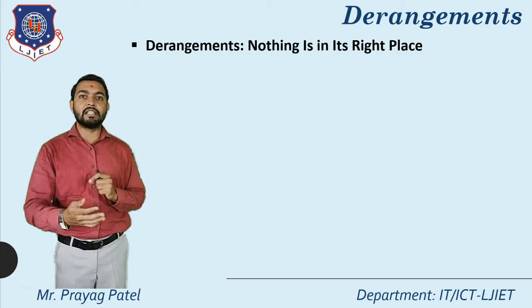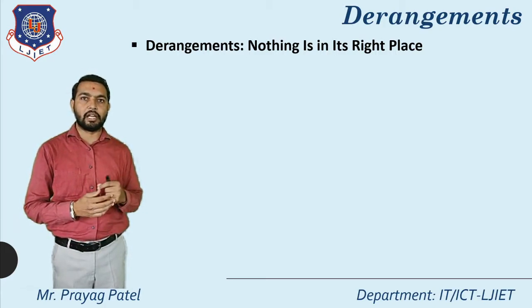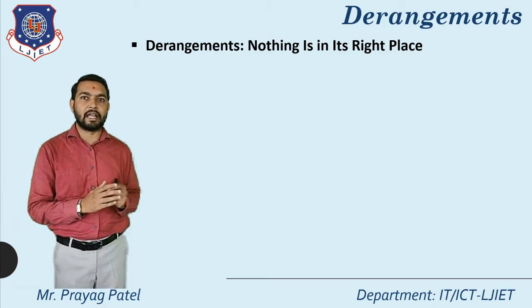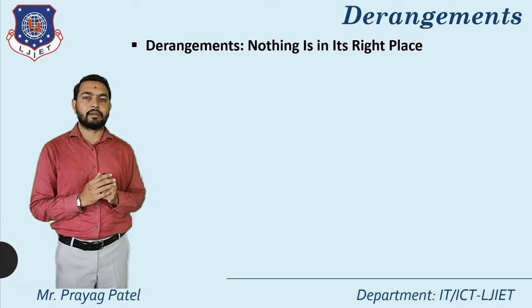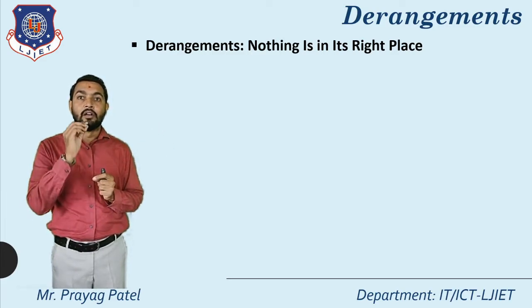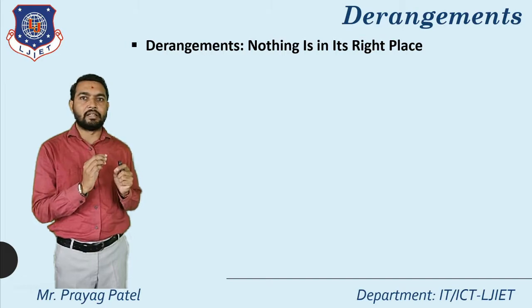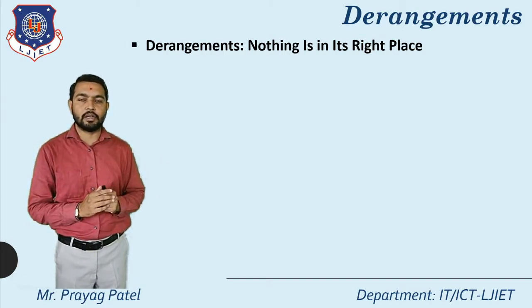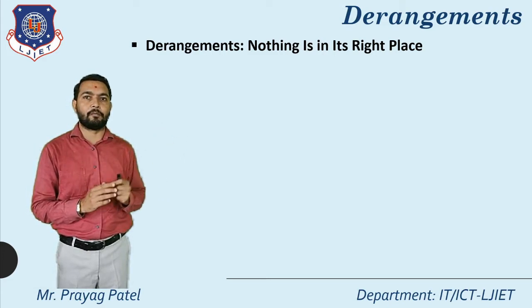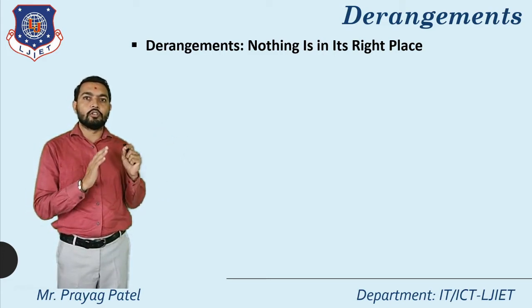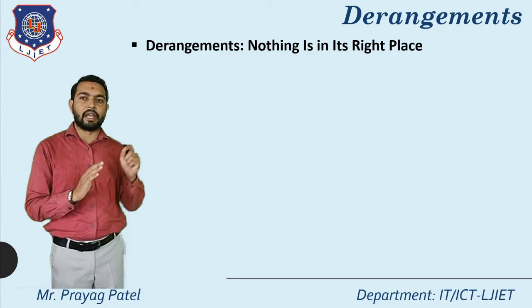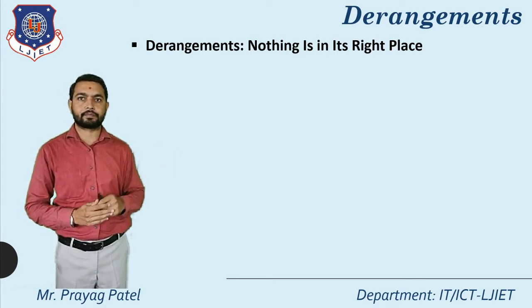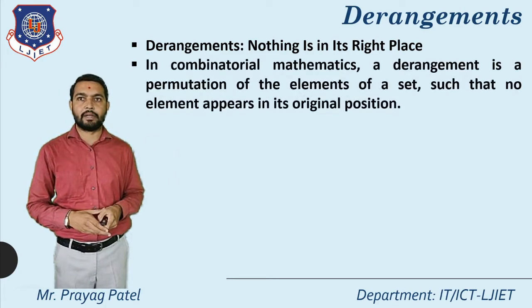So in this derangement, 1 is never at the first position, 2 is never at the second position, and 3 is never at the third position. Satisfying these three conditions, we arrange the numbers. It is called a derangement.